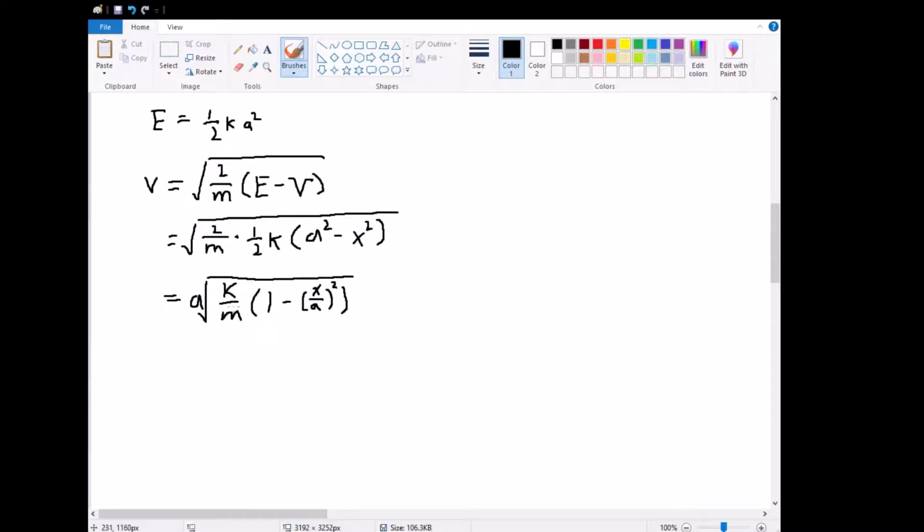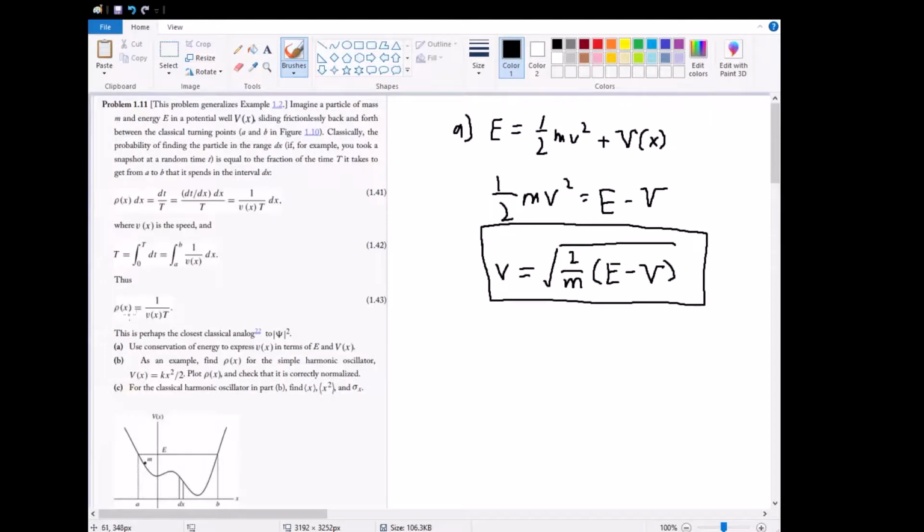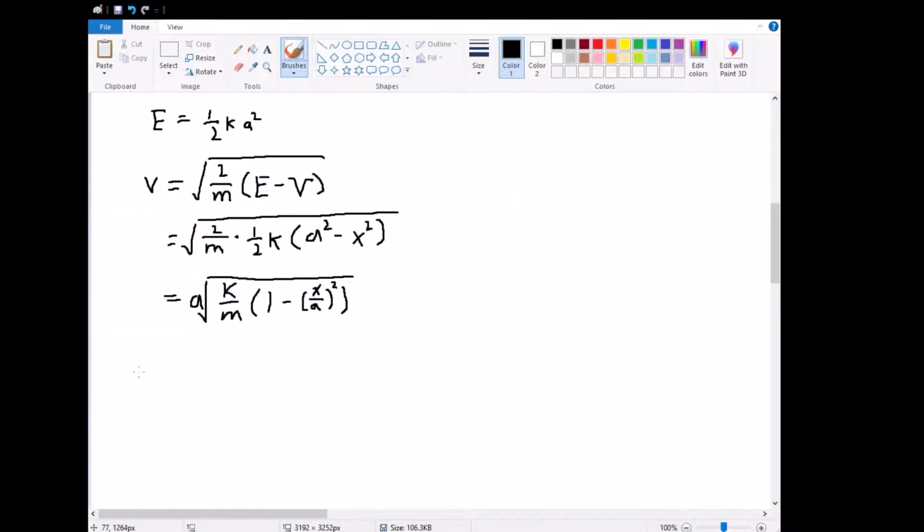And we can plug this back into our probability density because we know the problem gives us this expression where rho of x is equal to 1 over v of x times the total time.